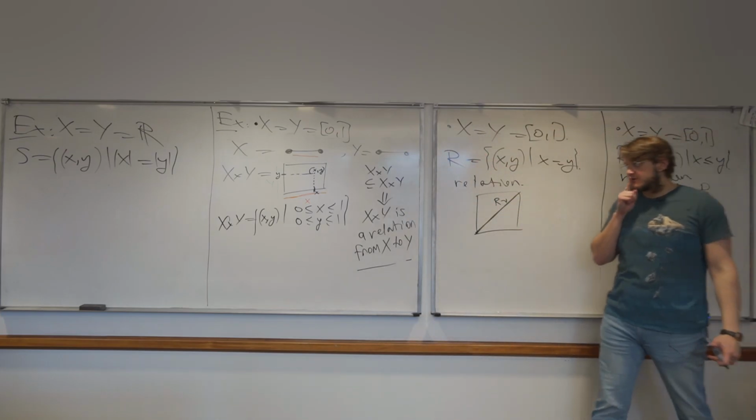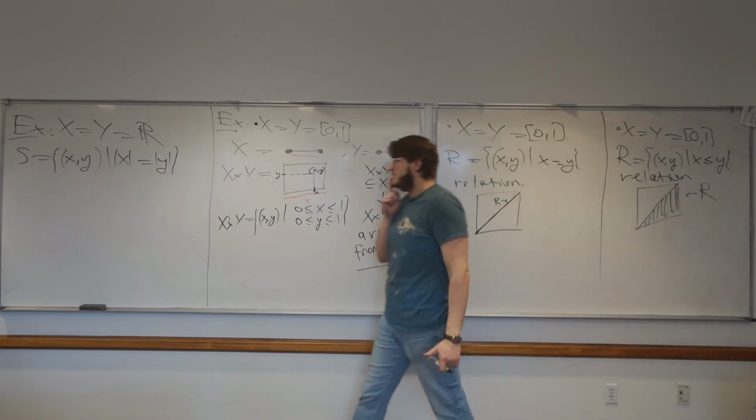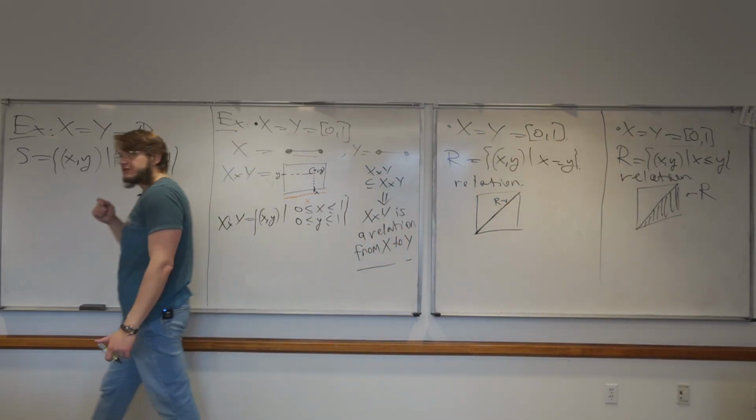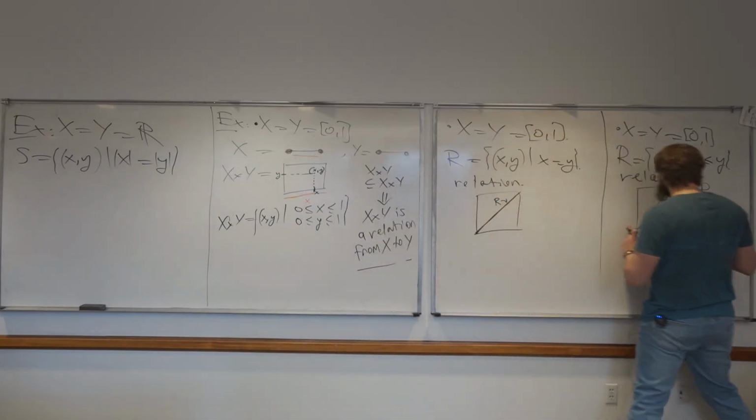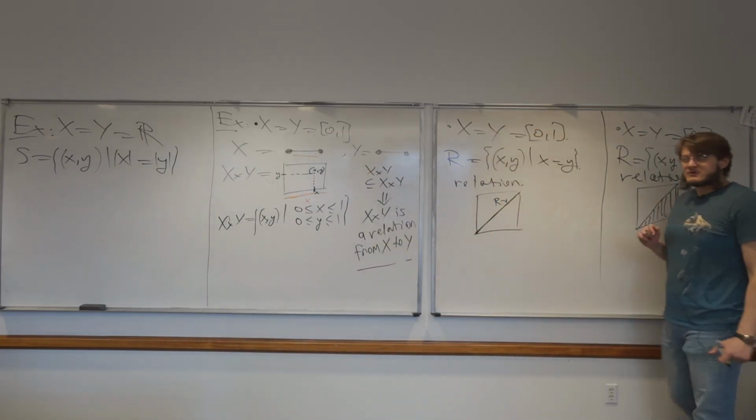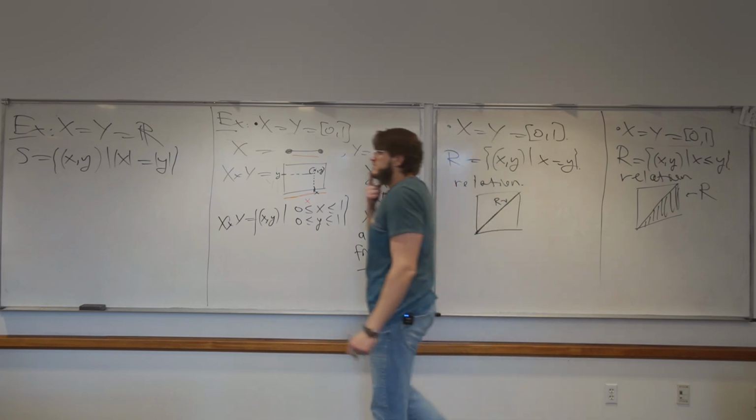How does this look? Can you give me a shape that would correspond to this? Meaning, here, for instance, it's the diagonal line. Here, it's a triangle like so. How could I imagine this set S?